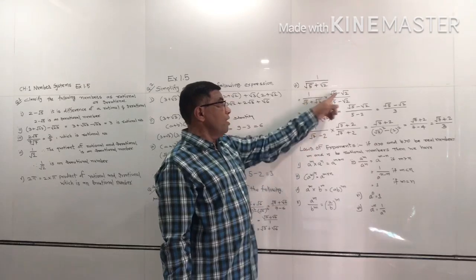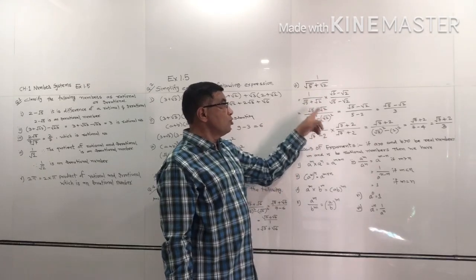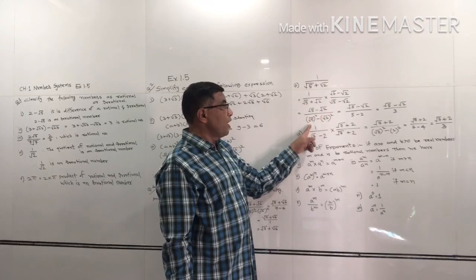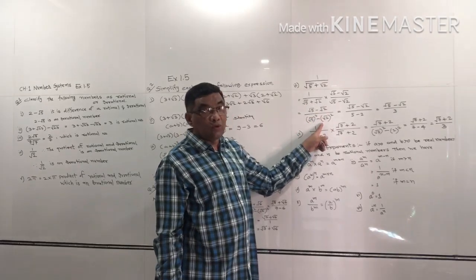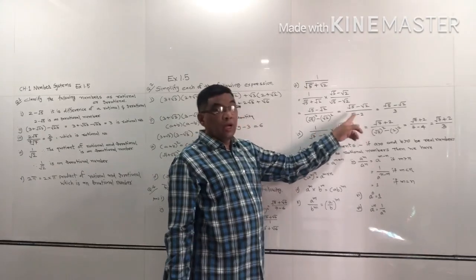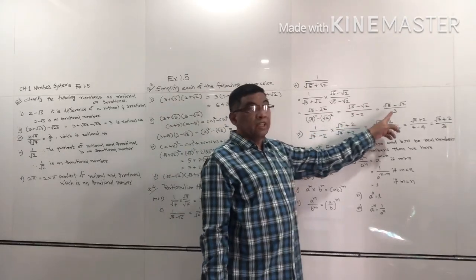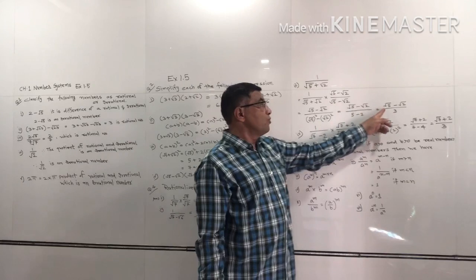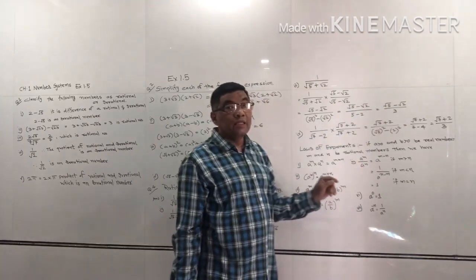So what we get here? Numerator root 5 minus root 2 and denominator root 5 whole square minus root 2 whole square. So root 5 whole square is 5 and root 2 whole square is 2, and 5 minus 2 is equal to 3. So we get the answer root 5 minus root 2 divided by 3.